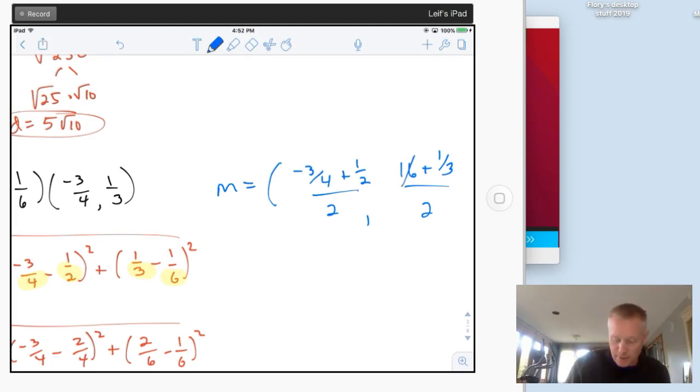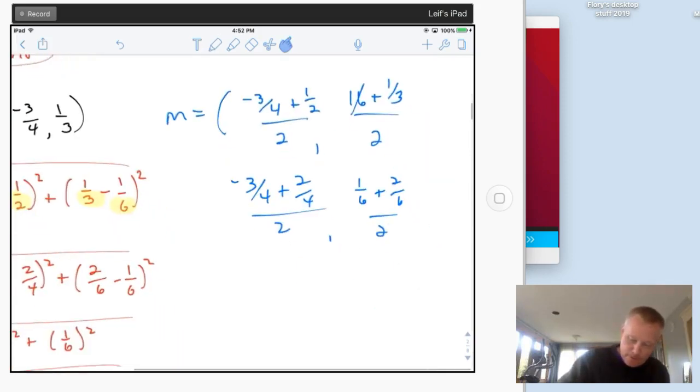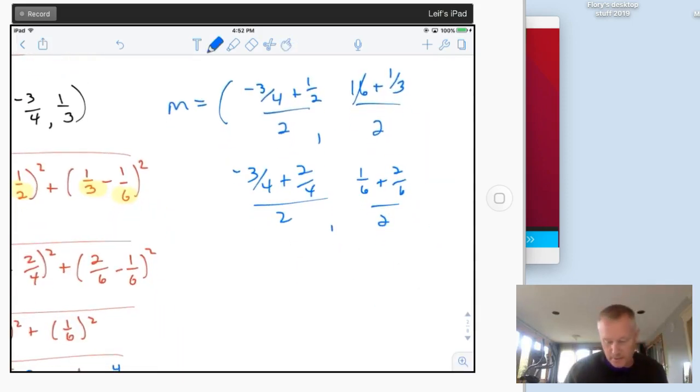All right, so same idea. I can do common denominators. That's 2/4 over 2, and this is 1/6, which is 1/6 plus 2/6 over 2. And now when I add those together, I get negative 1/4 divided by 2 and 3/6 divided by 2.